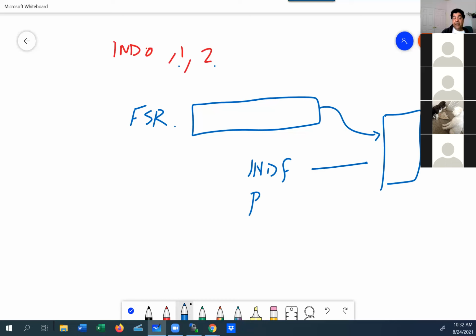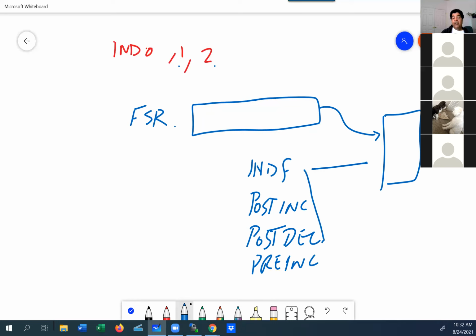You can use post-increment to access it and then increment the FSR, post-decrement, pre-increment, and so on. These are SFR registers. Remember, you don't write into this, you write into the data memory location it is pointing to.